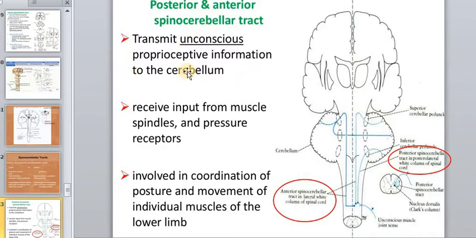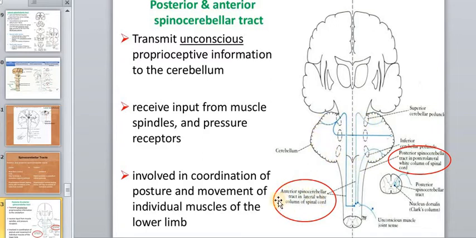So it's very important for animals, because a lot of movements in animals' bodies are unconscious. They receive input from muscle spindles and pressure receptors involved in coordination of posture and movement, position of the body, of individual muscles of the lower limb, and here we can find the cerebellum.